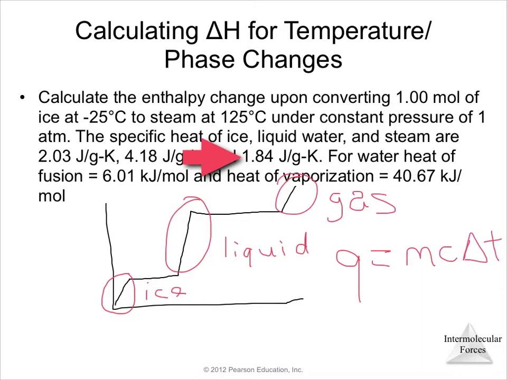So let's just do an example of one of the phases. We'll do the solid phase, and then we'll also do one of the examples for the phase change, and then I want you to do all of them and then tell me what your final answer would be once we add them all up and find the total change for enthalpy, or that total energy change.